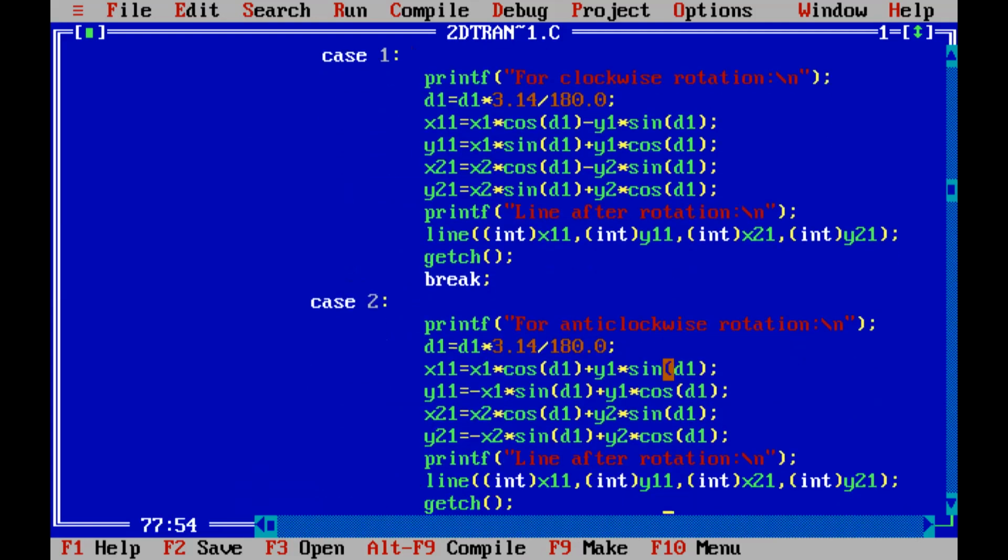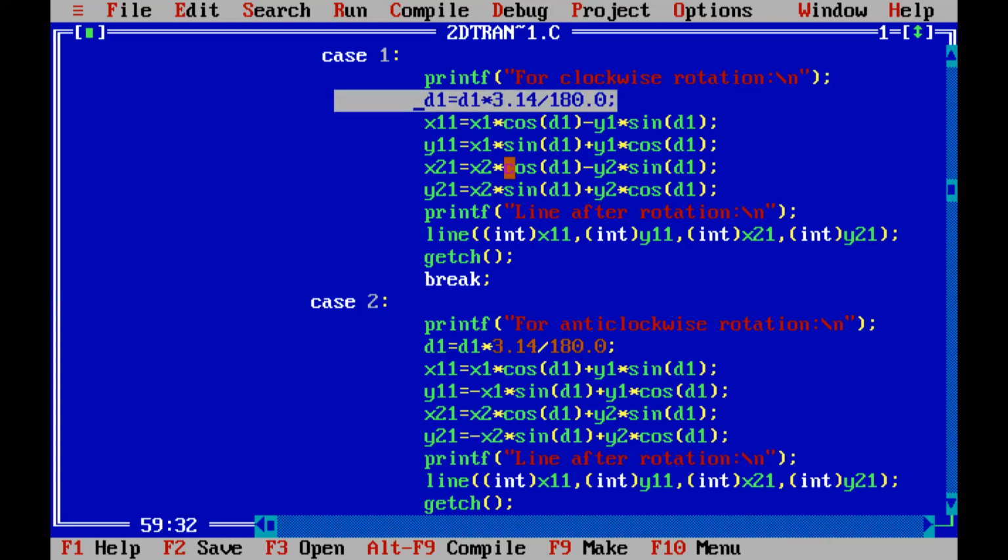Now consider the sine and cos functions that are there in math.h. So math.h is a header file which will support the mathematical operations in Turbo C. Here the angle in the cos and sine functions is considered in radians, not in degrees, and that's why the angle should be converted into radian.